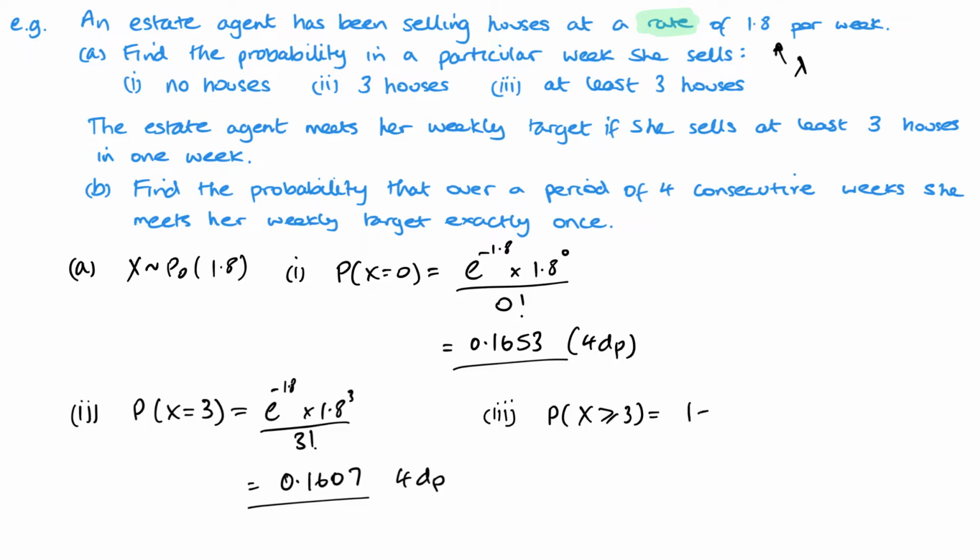Now that means we're looking at 1 minus the probability that x is less than or equal to 2. And this kind of poses our first problem. 1.8 is not a value in our tables as they go up in 0.5s, and our only option is either to use the formula or to use our Casio calculator.